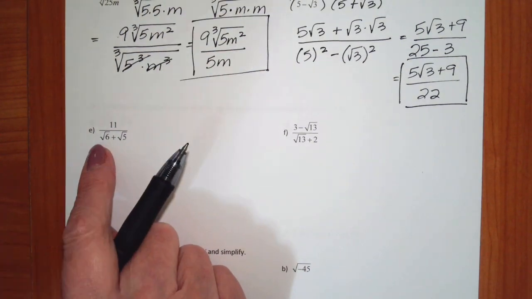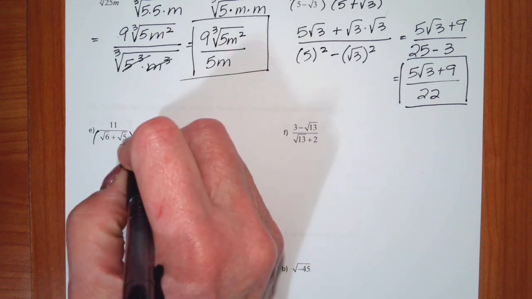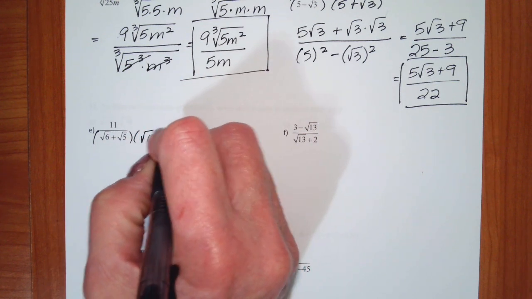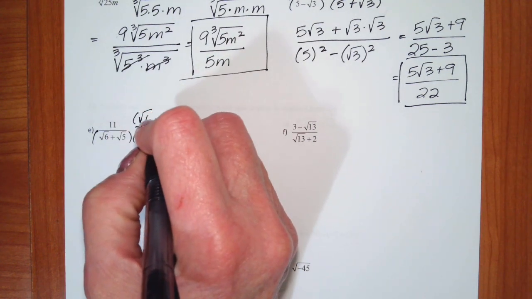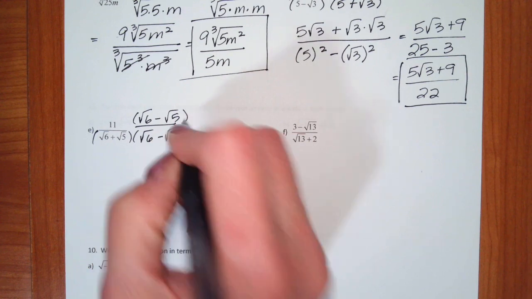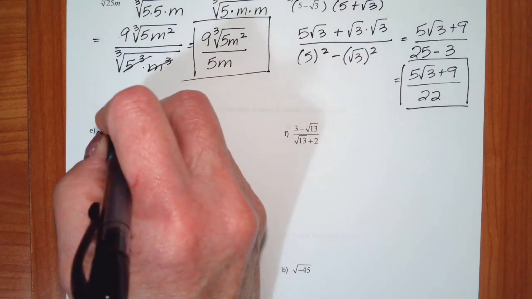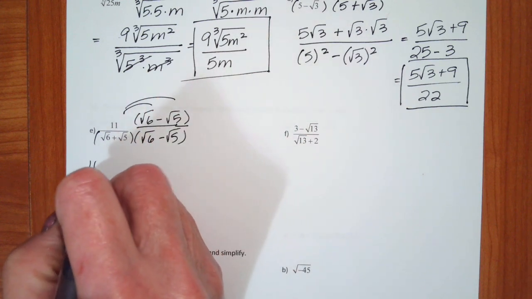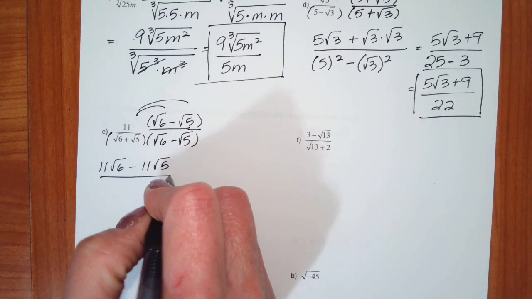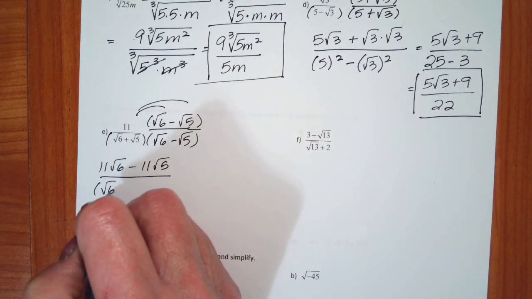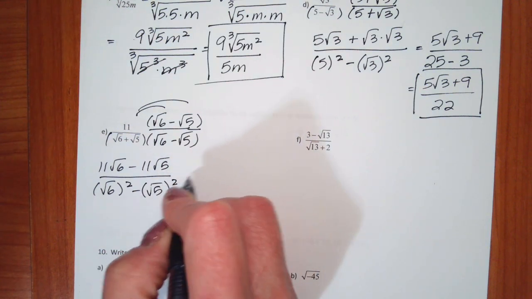Same thing, I have a sum here, so I'm going to have to multiply by its conjugate, which is root 6 minus root 5. And I have to do that to my denominator as well. Okay, so if I distribute here, this becomes 11 root 6 minus 11 root 5 divided by root 6 squared minus root 5 squared.